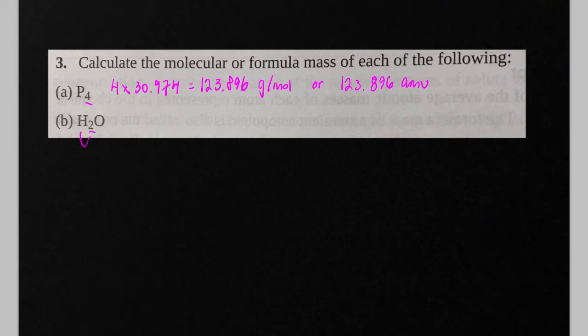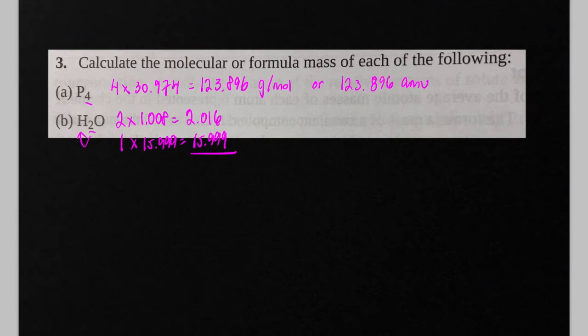Okay. For the H2O molecule, the 2 here refers to the hydrogen. And we have just 1 oxygen. And then once you calculate the masses from each of your element types, you add them all up.